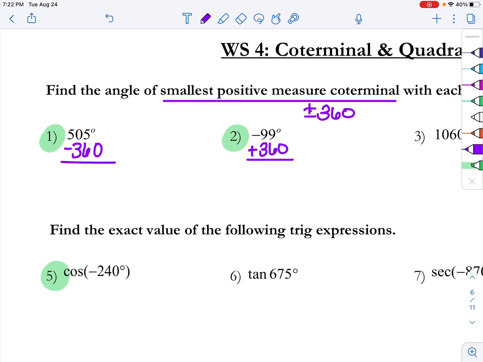Now, we do that because we have a lot of experience with angle measures within one rotation of the unit circle that we've created.